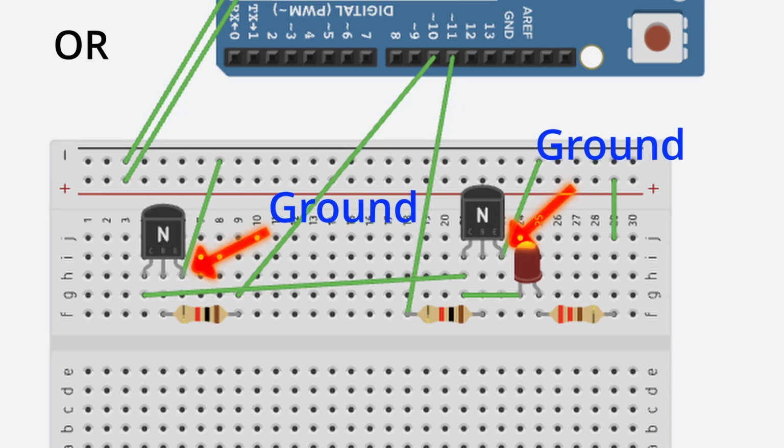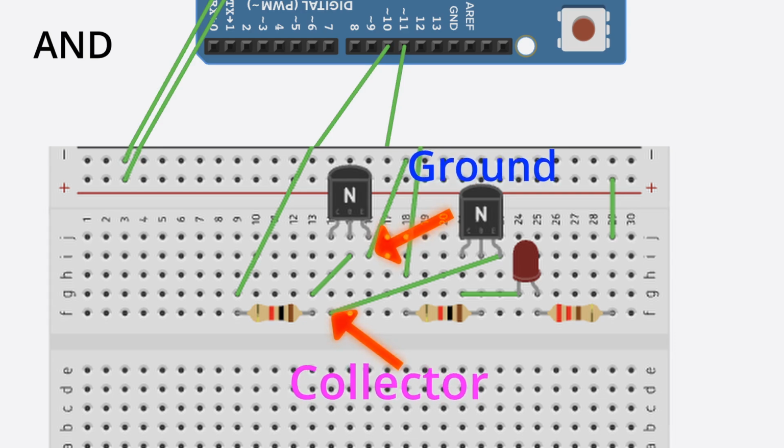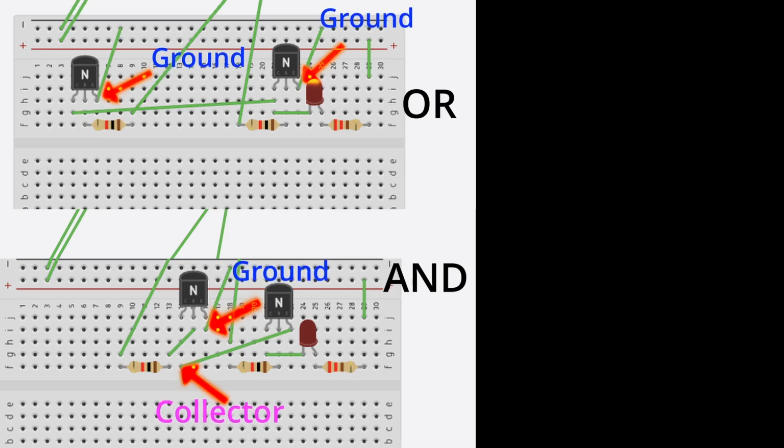Now, if we look at this first quick view of what we're doing here, we will see that these two transistors are labeled N. The only difference between one wiring and the next is that in the first one, both are wired to ground. In the second one, one is wired to ground, and the other transistor is wired to the transistor that came before it.